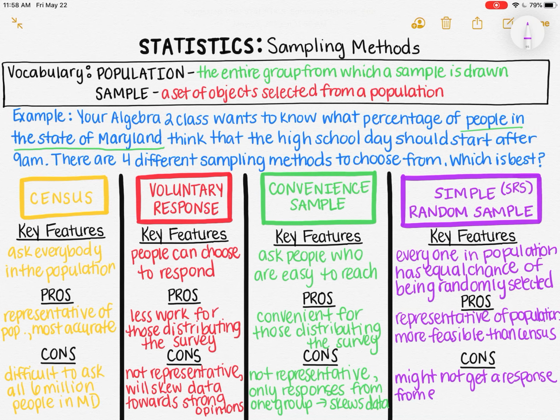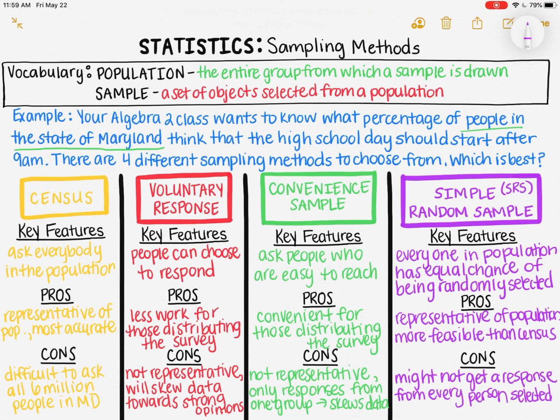So you might not get a response from every person selected. So as you can see, all of these methods do have pros and cons. And even though the simple random sample is the best way to do a sample, it's also not perfect because, like I said, you might not get a response from everybody.